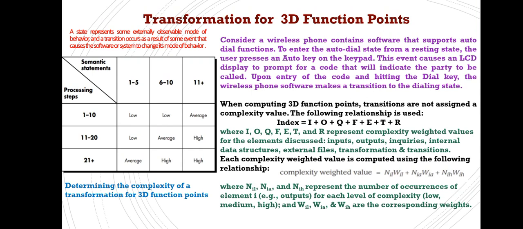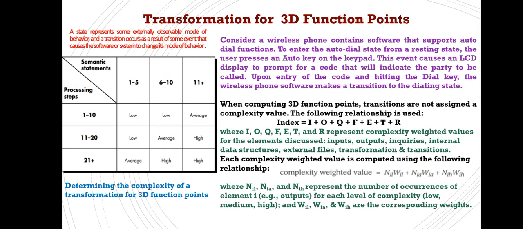When we enter a particular valid code and hit the dial key, only then does the wireless phone software make a transition to the dialing state. Here we are considering an example of a mobile wireless phone which starts from the initial state, that is the resting state, and moves to the transition under process using an auto dial state by pressing an auto key on the keypad.